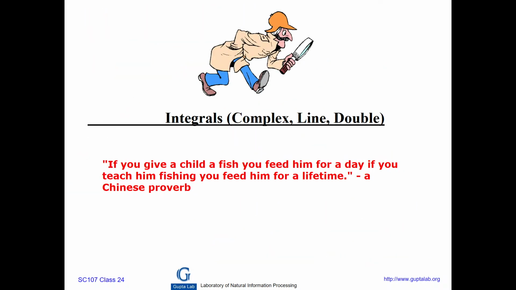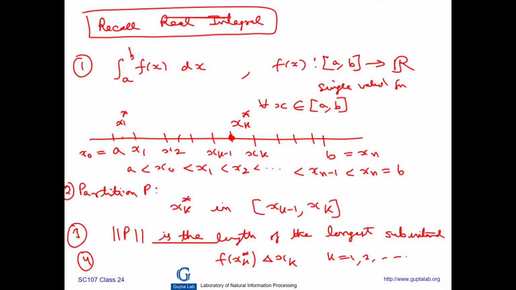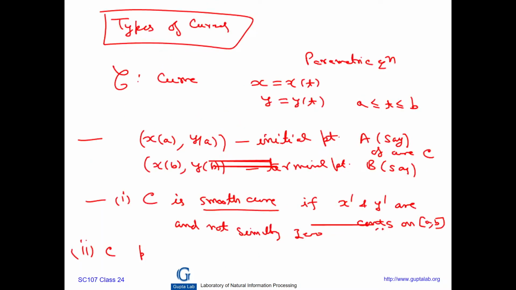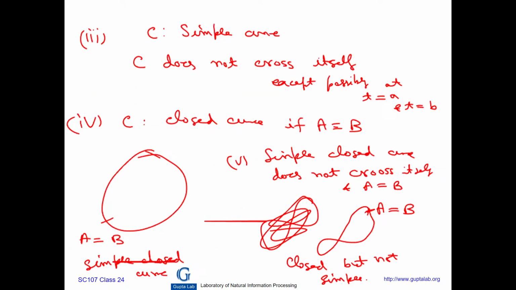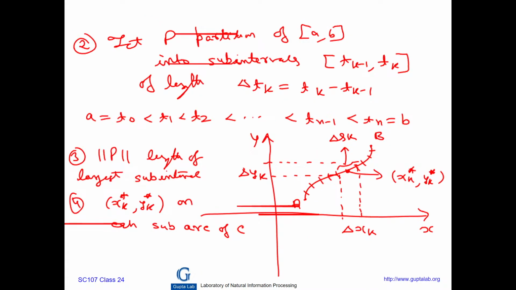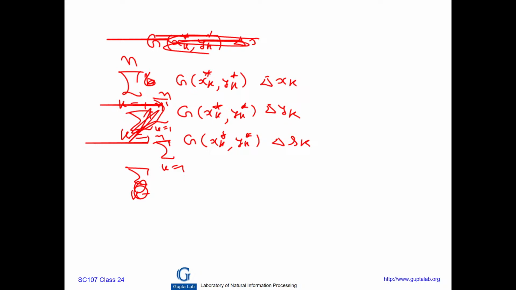So this was the normal real integral, the formal definition. Then we talked about certain types of curves, and then line integrals in the plane. We form these kinds of sums.